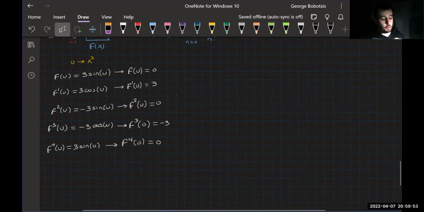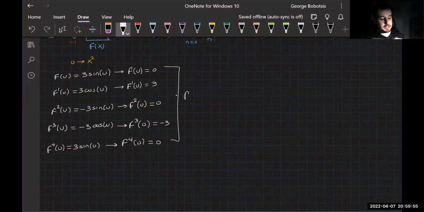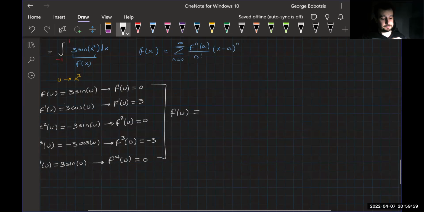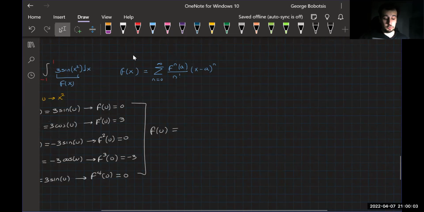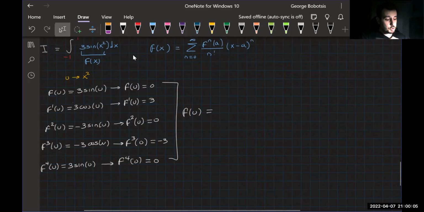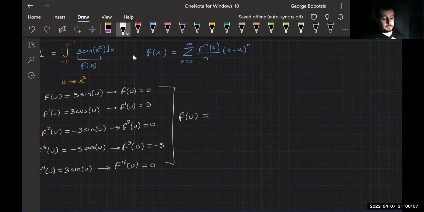So when I combine all of this to get f of u as a Taylor series, we're working in the u world, of course. f of 0 over 0 factorial times x minus 0 to the 0 power, that I've already shown is 0.